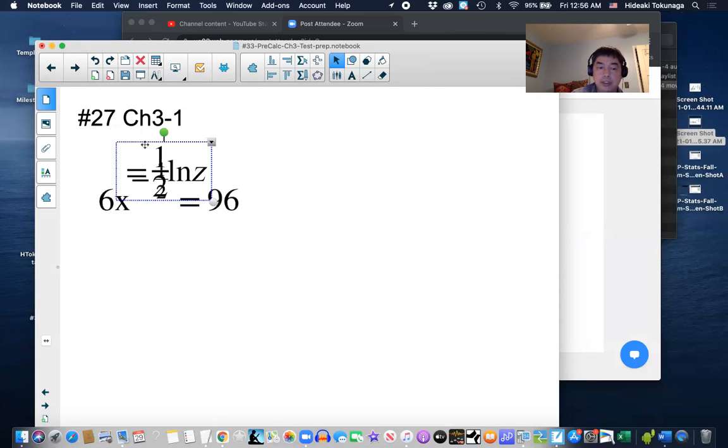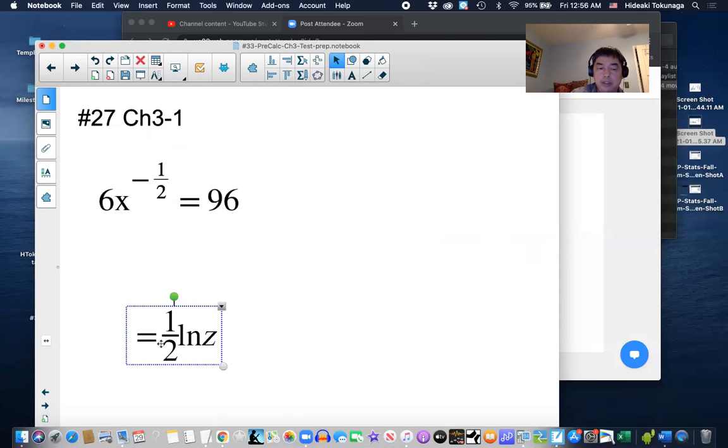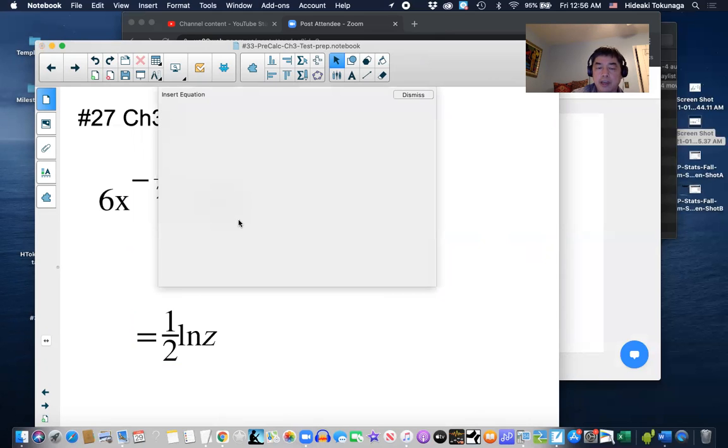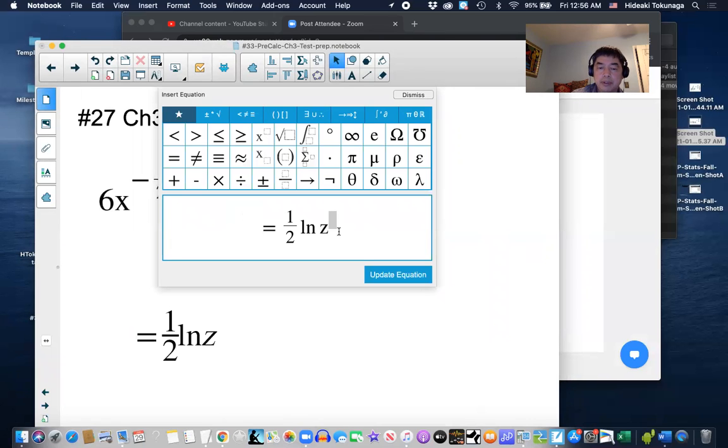Okay, so if you divide by 6 on both sides, it's going to be x to the negative half power, maybe. Negative half power.